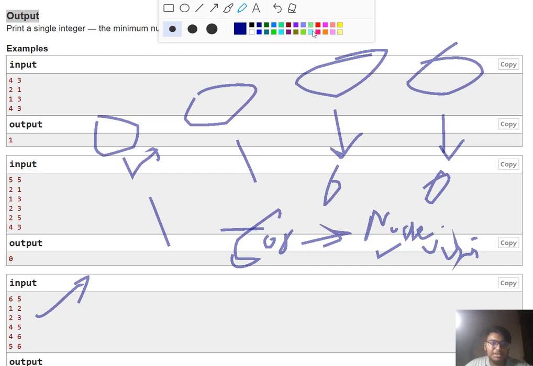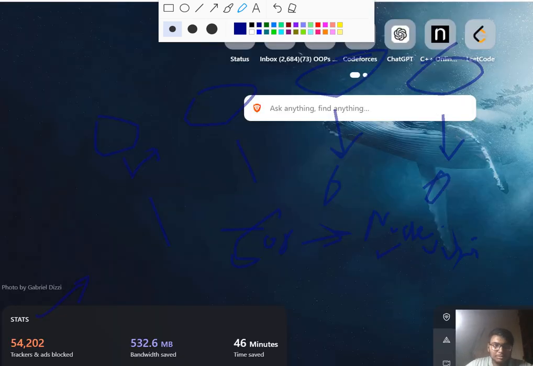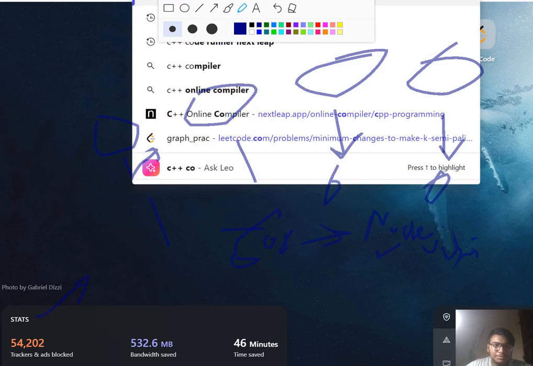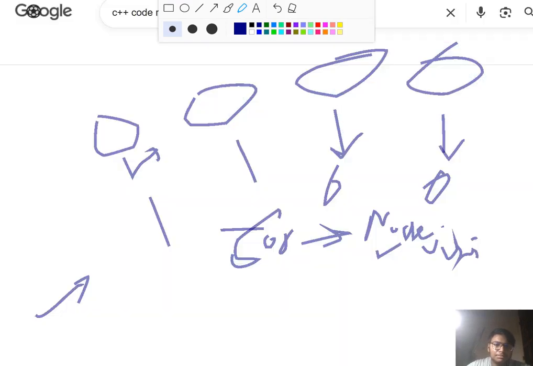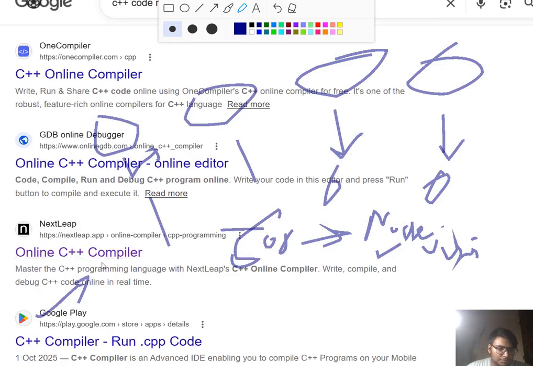Let's code it and see what happens. I think the idea should go pretty much fine.